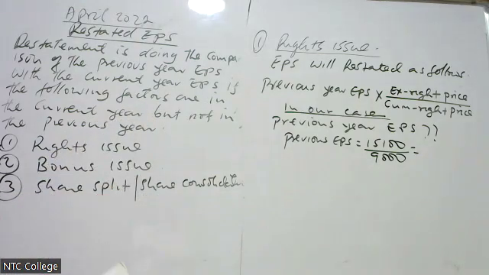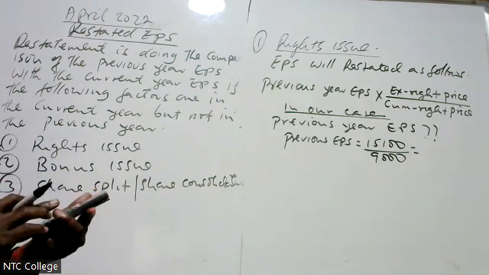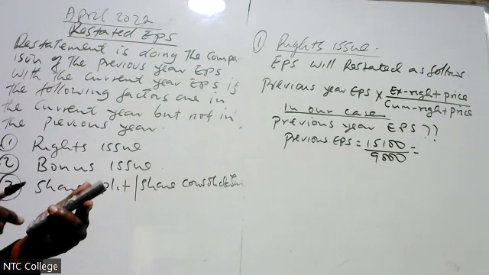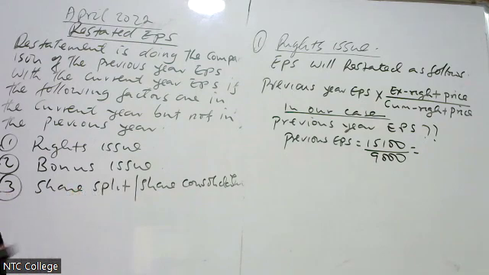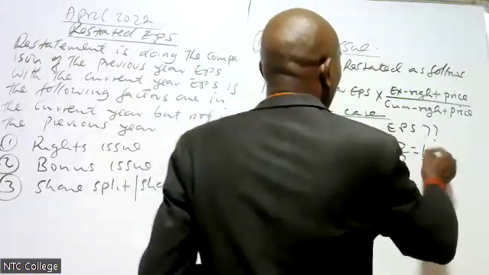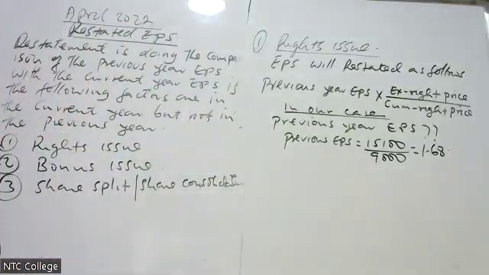Therefore, those were our previous year shares. Therefore, let me get my previous year EPS, that is 15,100 divided by 9,000. I'm getting 1.68, rounding off. That is my previous year EPS.